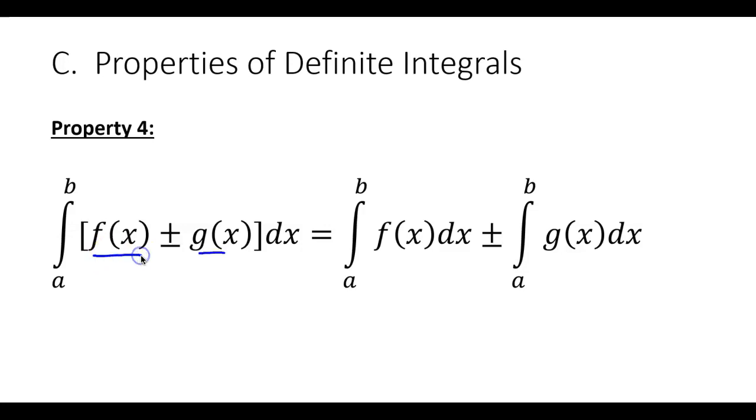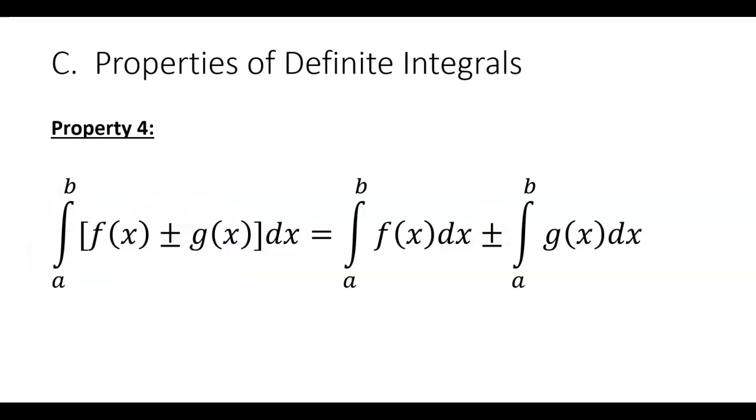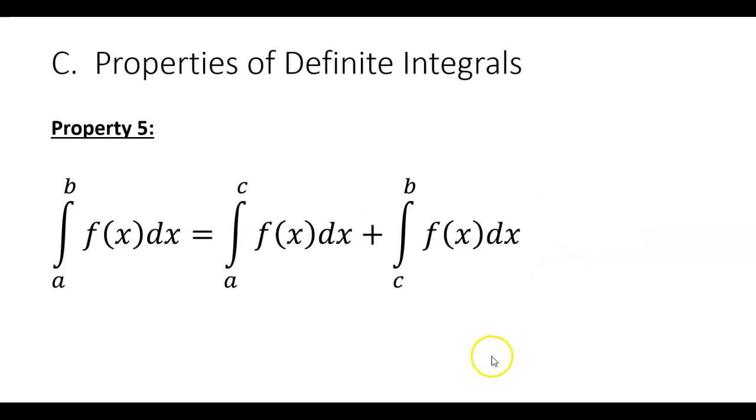Where if you have two functions that are being added and subtracted together and you wanted to integrate this, you could just integrate each piece separately and then add them together. So basically what this means is you can add the functions together and then integrate, or you can integrate each function separately and then add. But either way, you get the same answer. And typically, we're going to want to break them up. So it'll start off as them being put together like this, but we're going to want to split them up. All right.